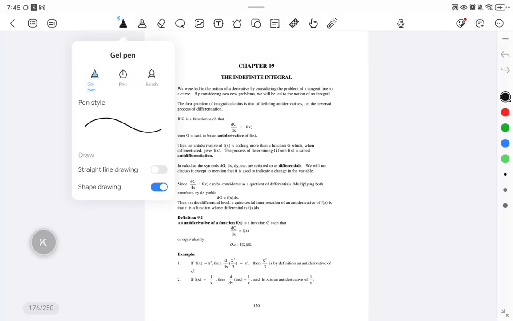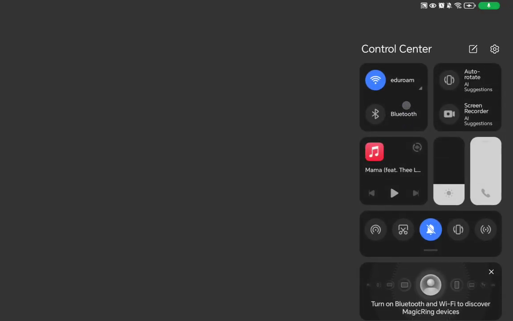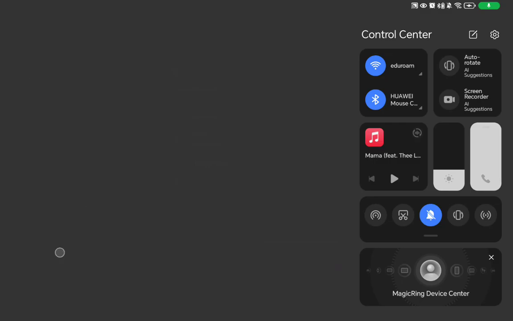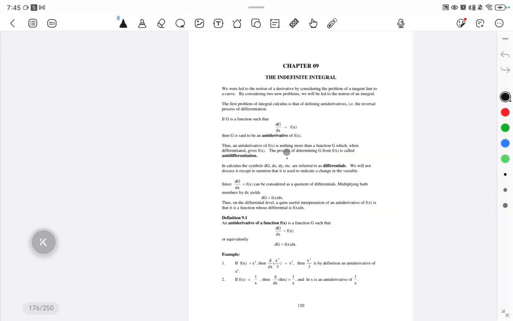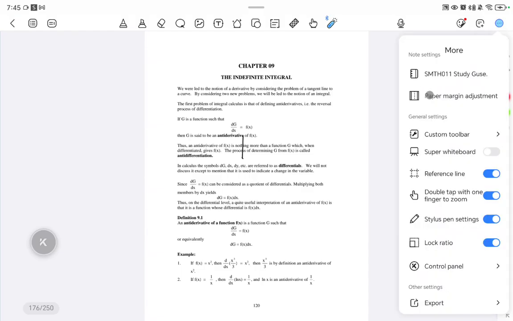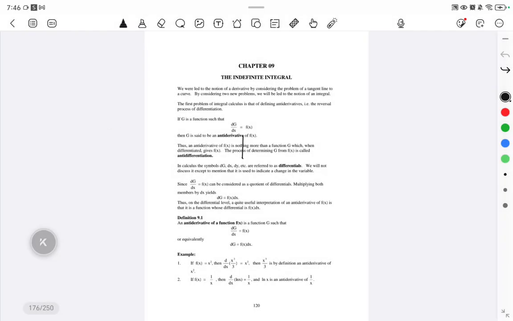Yes. Let me try to connect this mouse and disconnect it again, because I had connected the mouse and I think now it's giving me problems. Yeah. I think now it will be fine.